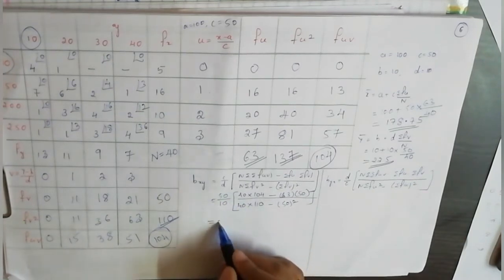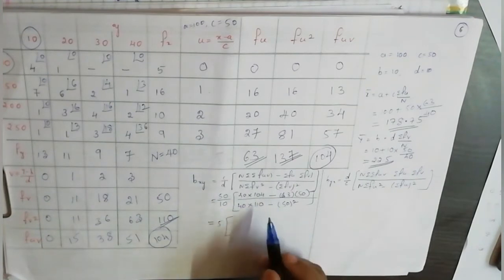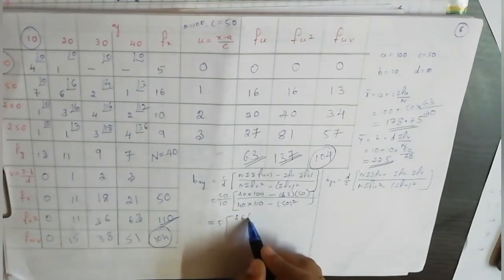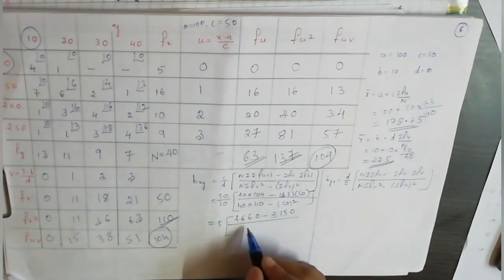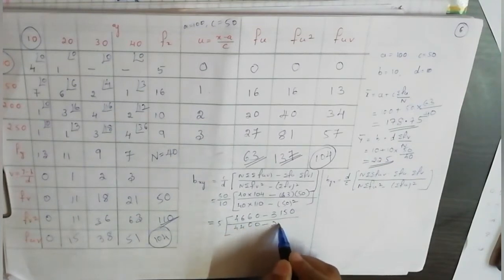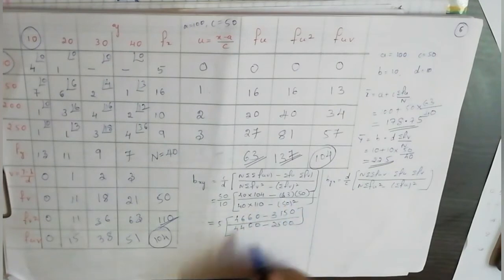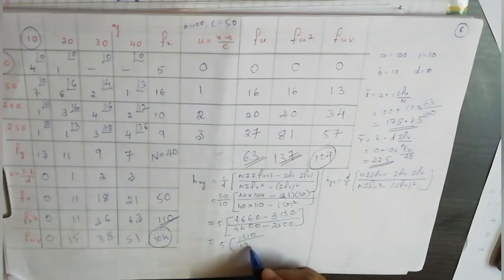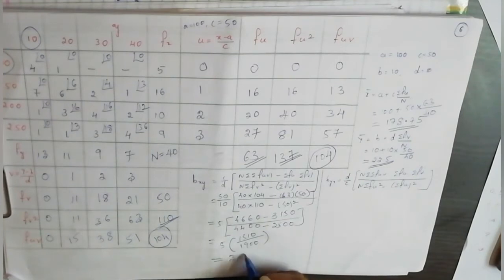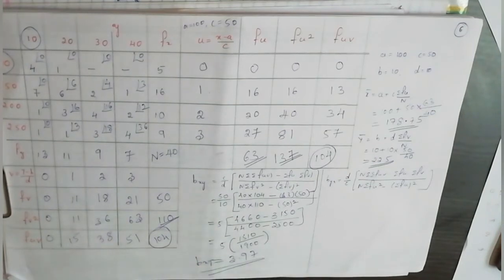So 50 by 10 is 5, and this you'll get 4660 minus 3150, denominator 4400 minus 2500 after simplification, and it is numerator 1510 and denominator 1900. So finally you'll get bxy as 3.97. So this is your bxy value.